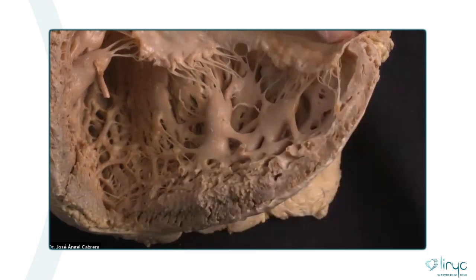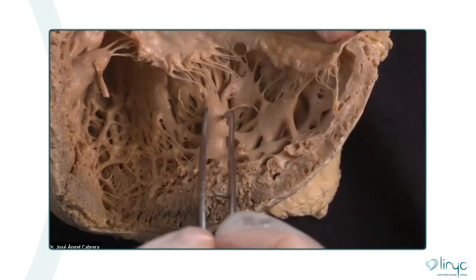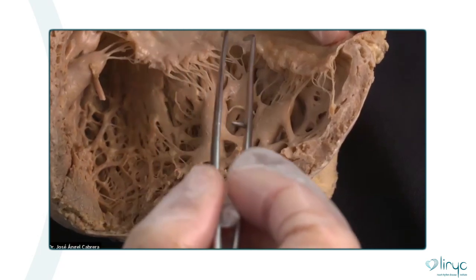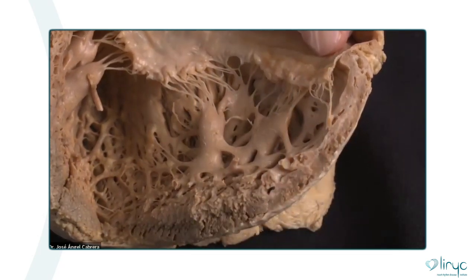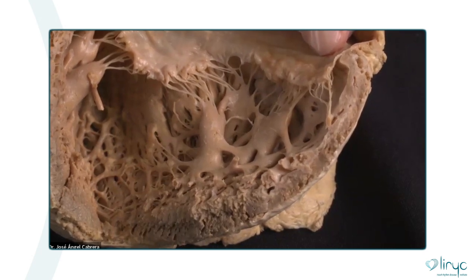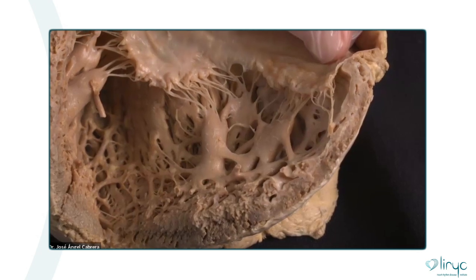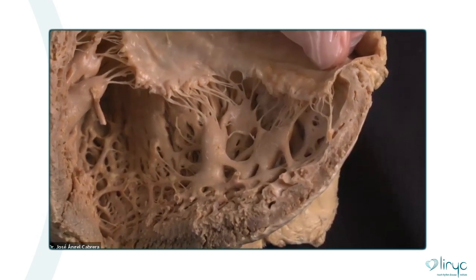This complex anatomy of the papillary muscle and tendinous cord in relation with the aortic and mural leaflet of the mitral valve is crucial, is spectacular to understand the complexity of the left ventricle.